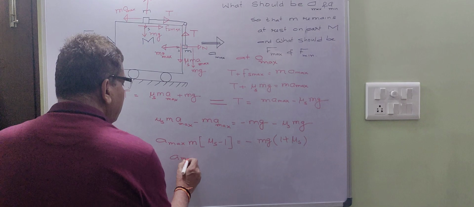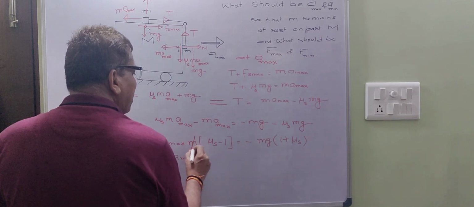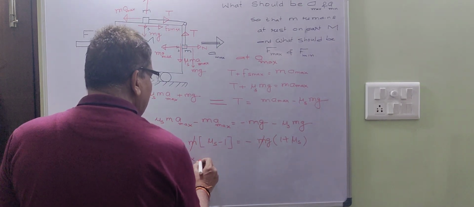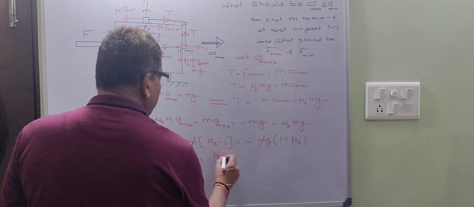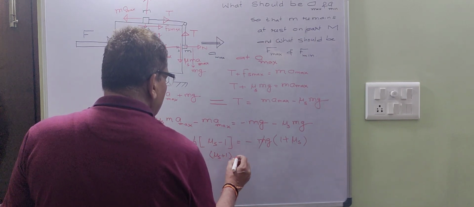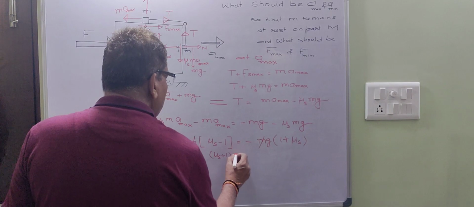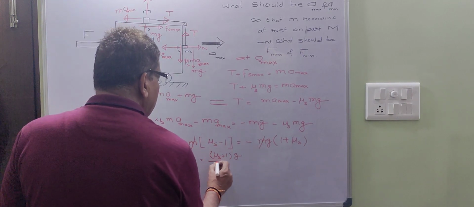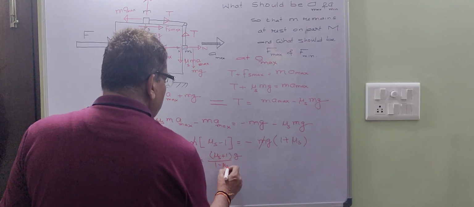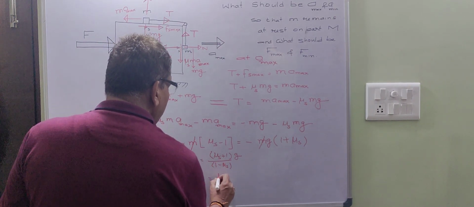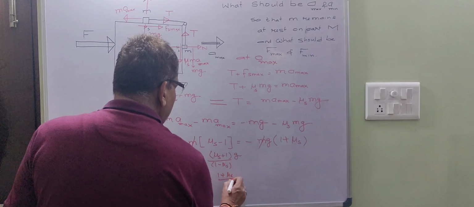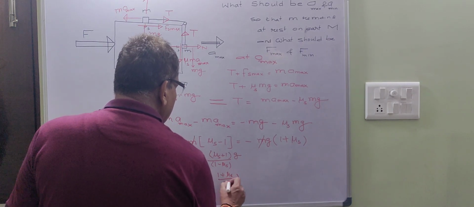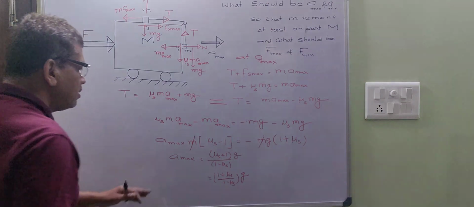A max can be written as m gets cancelled. It is mu s plus 1 times g, and when the minus sign comes on this side, I can write 1 minus mu s. So 1 plus mu s by 1 minus mu s times g is the maximum acceleration.